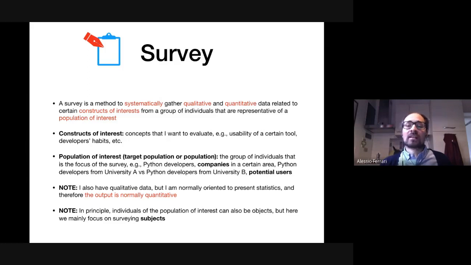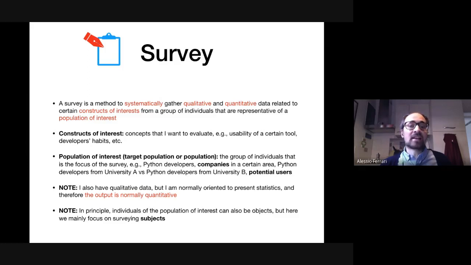So the population of interest can be composed of subjects, so users, but also entire companies. So the target of your survey and the topic of your survey can be the habits of a certain user, but also the characteristics, organizational and process-related characteristics of companies.